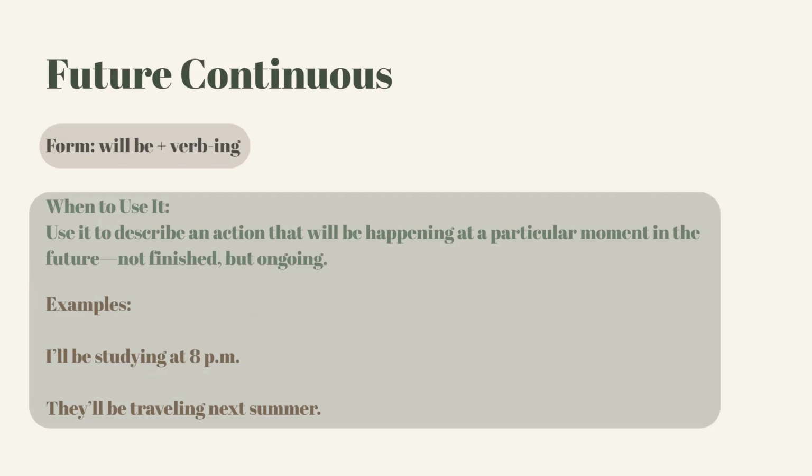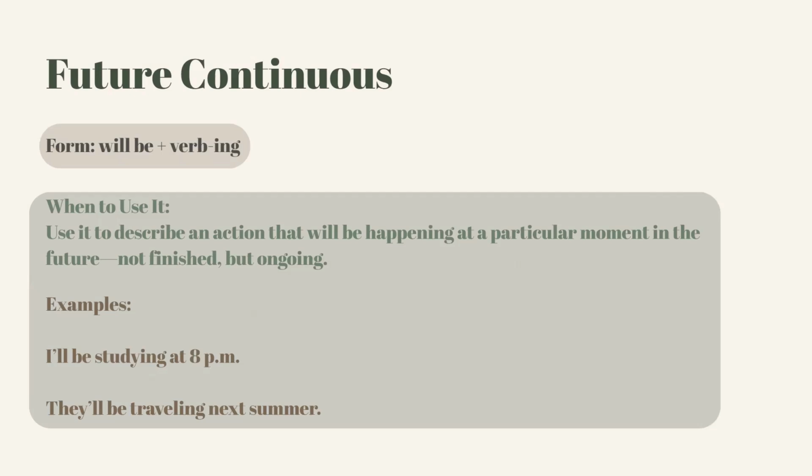We use future continuous for actions that will be in progress at a certain time in the future, okay? They will be happening. It will be something that's ongoing, but not right now. It's just in the future, okay?